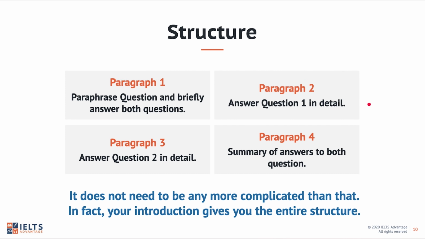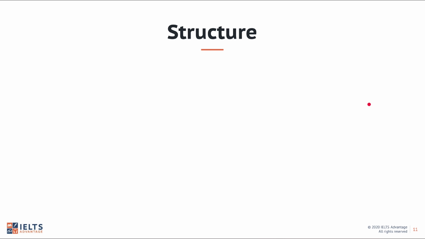We'll look at that in a second, but it's really important to emphasize that you don't get extra marks for fancy, complicated structures. There's no such thing as a band 9 because the person's structure was really intricate and complicated. You get a band 7, 8, or 9 for using a structure that allows you to organize your essay in a logical way and clearly answer the question, clearly show what you think about the question.